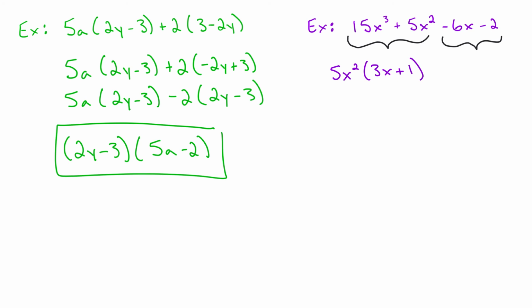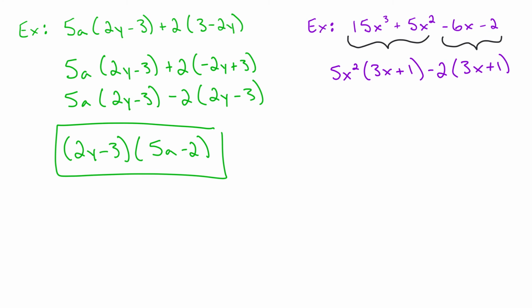The second grouping, I have a negative 6x minus 2. They are both divisible by a negative 2. You factor out a negative 2, you'll be left with 3x plus 1. Now notice, the 2 sets of parentheses in our binomials are the same.